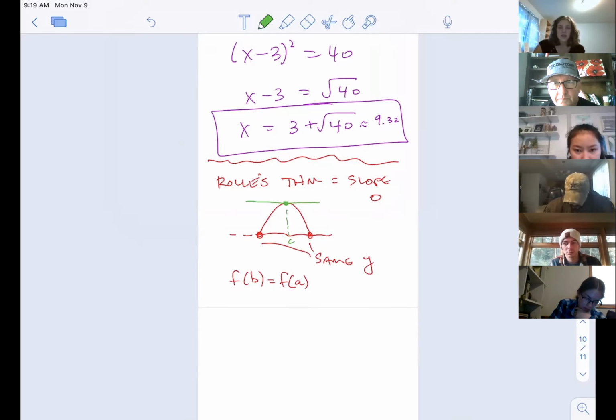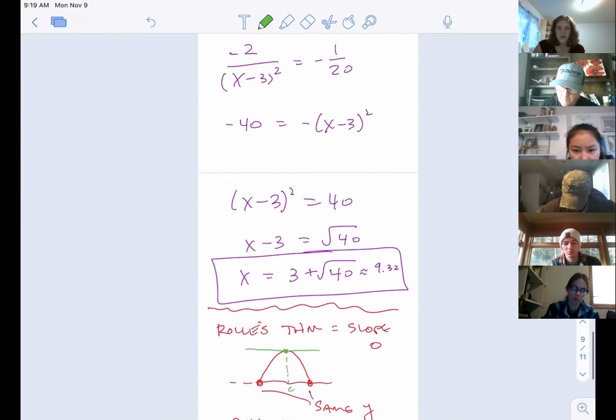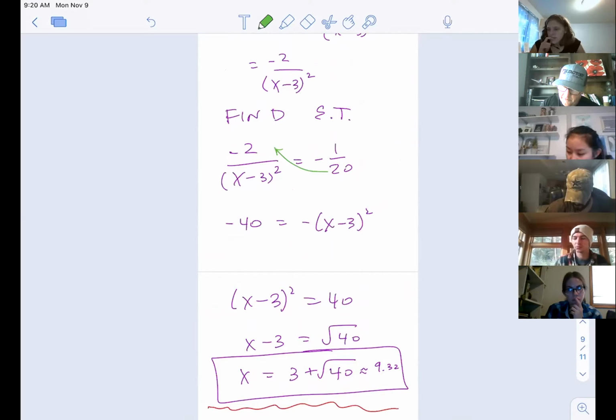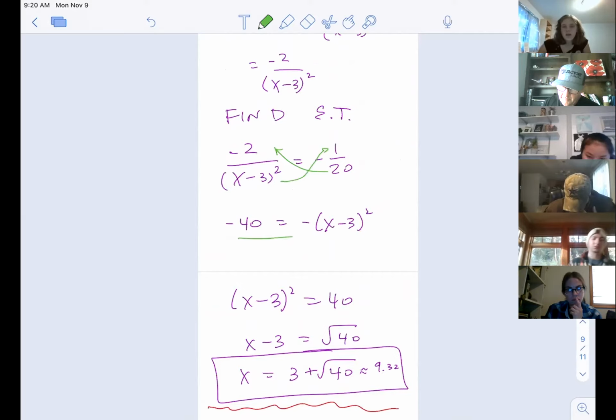How did you get x minus 3 squared equals 40? Because I said I don't like fractions back here, so I multiplied the 20 by both sides to get rid of it. Got negative 40 on that side, and then I multiplied x minus 3 squared up to that one so that I had this statement.